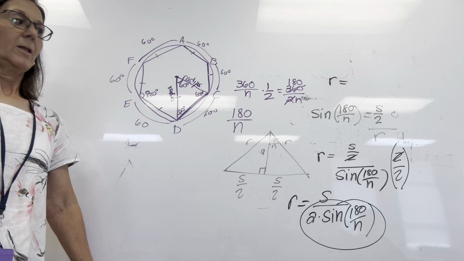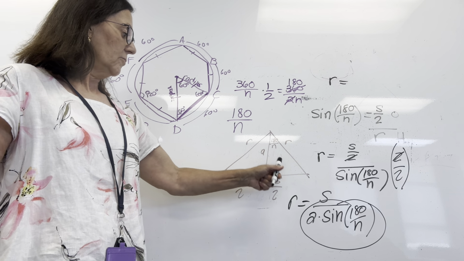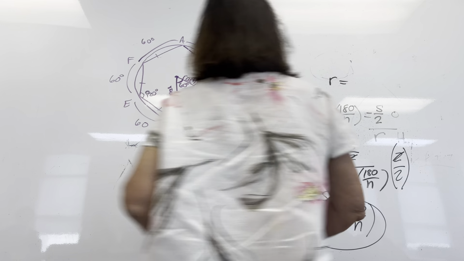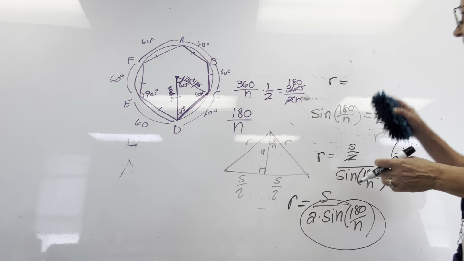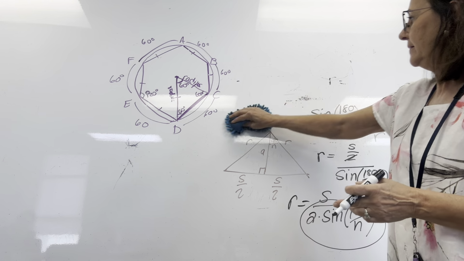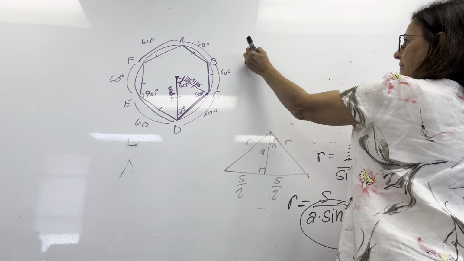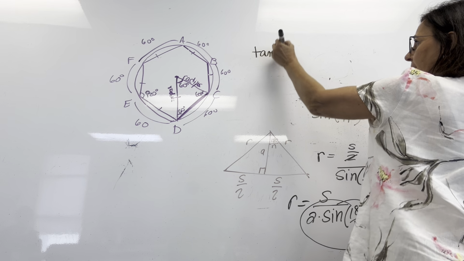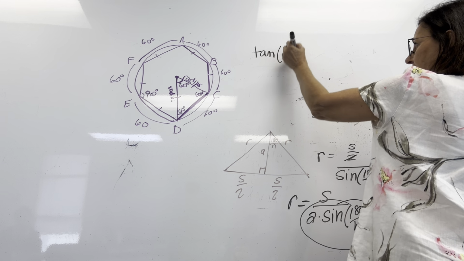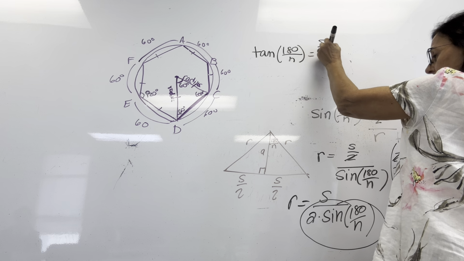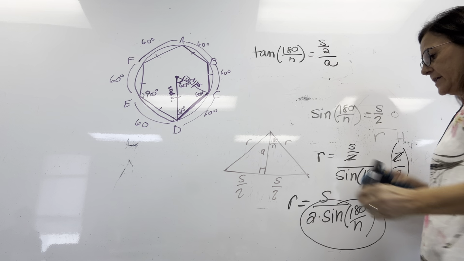Cosine. Okay, that angle. Yeah, tangent. It's the tangent. All right, I'm just going to have to erase. All right, so now I have the tan of 180 over n equals the opposite over the adjacent.